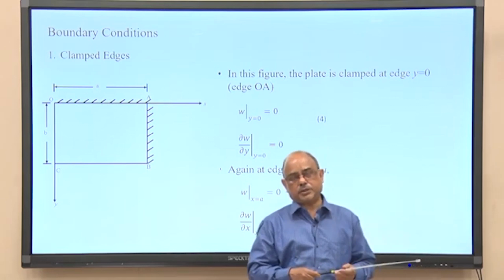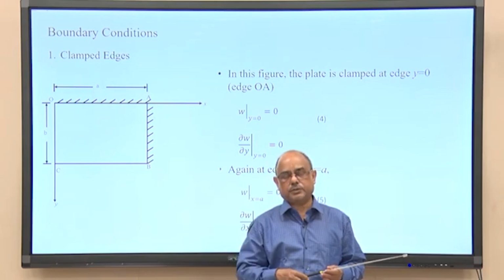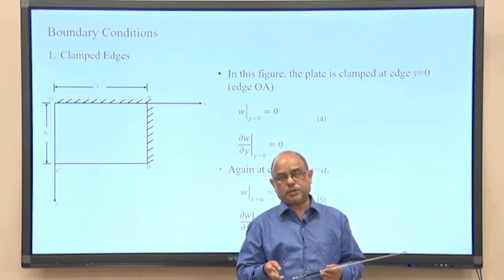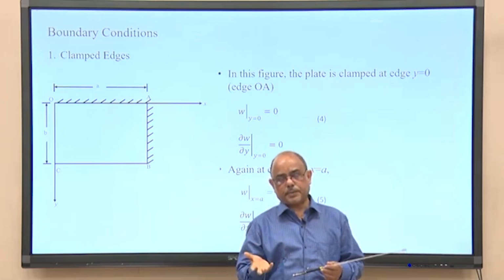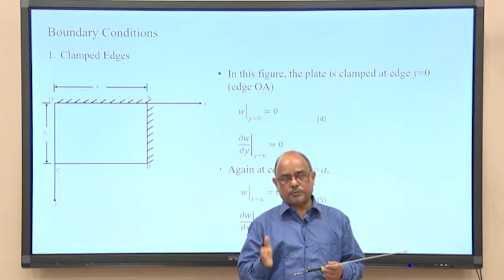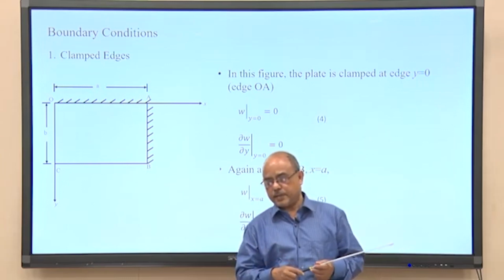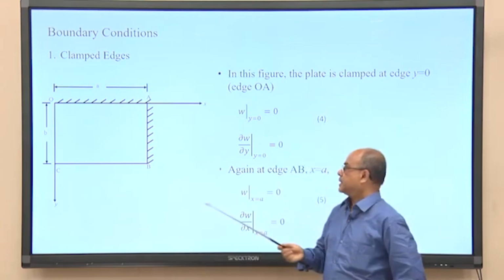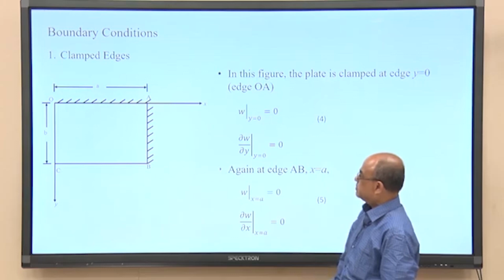One is the geometric boundary condition and another I can term the force boundary condition. In the geometric boundary condition, the deflection and slopes have to be known at the edges, and for the force boundary condition, the shearing force and twisting moment or bending moment have to be known at the edges.